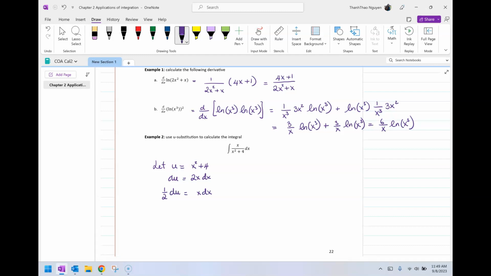I can rewrite this integral as the integral of 1/2, and I put the number up front, of 1 over u du. This is 1/2 ln of u plus c, and u is equal to x squared plus 4, plus c, where c is a constant.